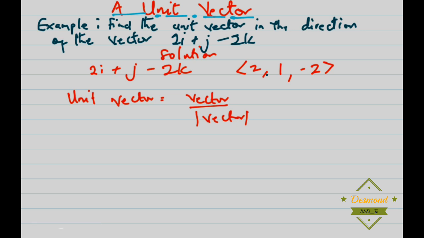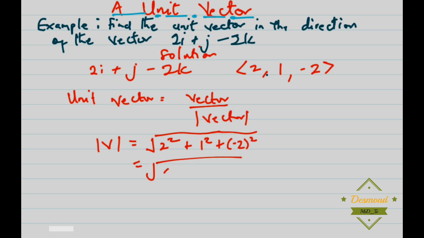The magnitude should be the square root of 2 squared plus 1 squared plus negative 2 squared. When we do it, we get 4 plus 1 plus 4, which is 9. The square root of 9 is 3.